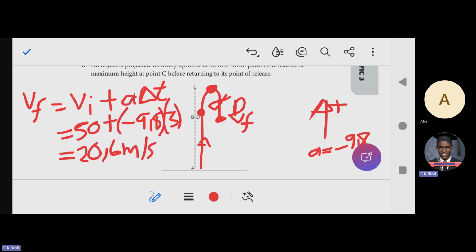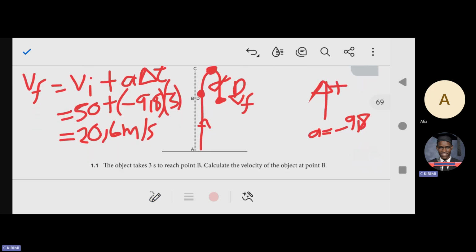So B is going up. You must be able to interpret the diagram. So your answer is correct. That one was correct.